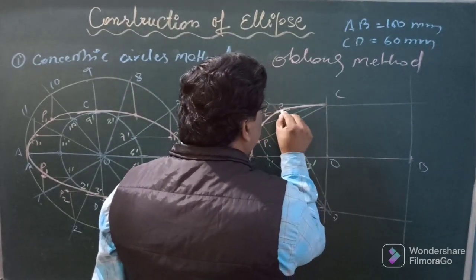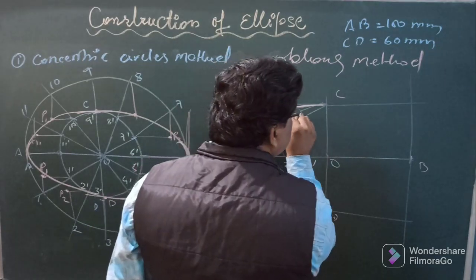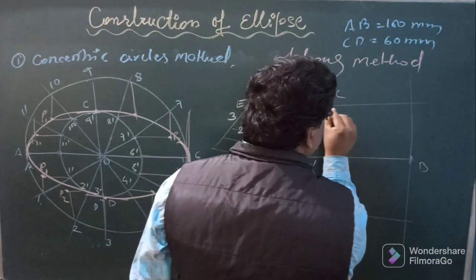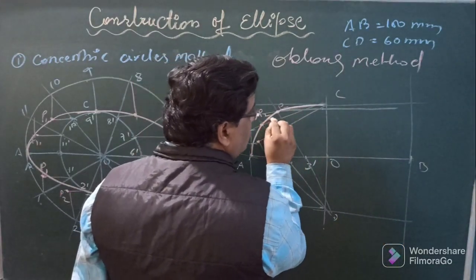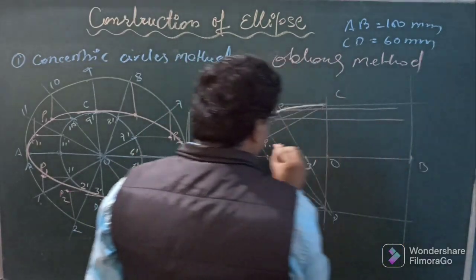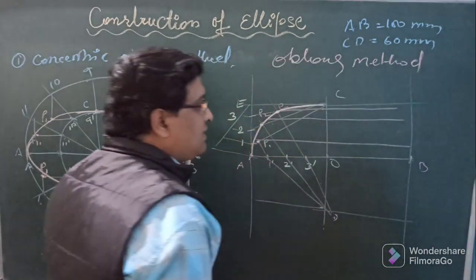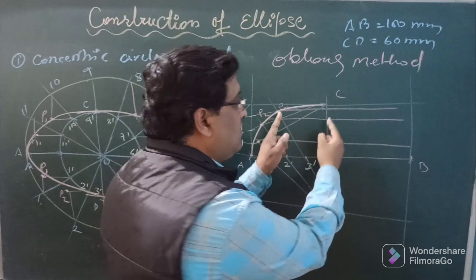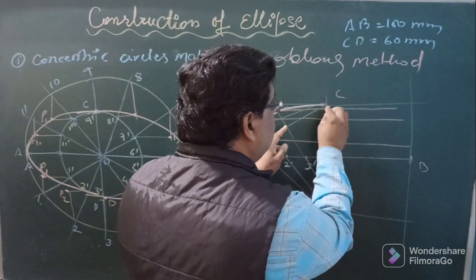How? This is P3, so draw a horizontal line parallel to the axis like this. Similarly, from P2 draw another horizontal line. From P1 draw another horizontal line, and transfer the dimensions from here, say from this vertical line, so this is some point.